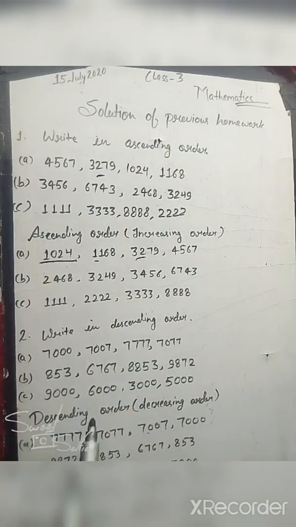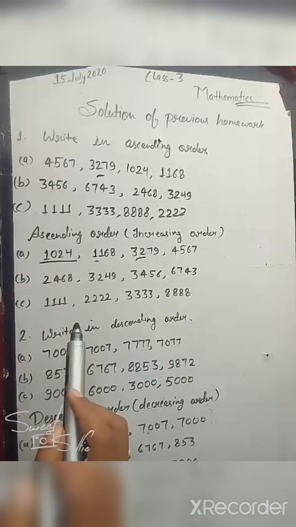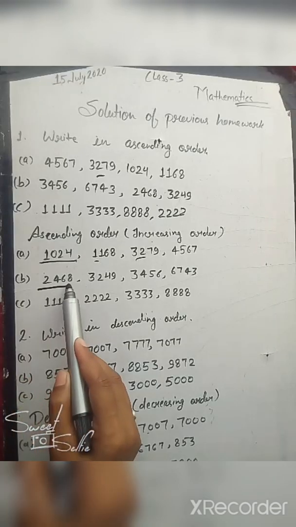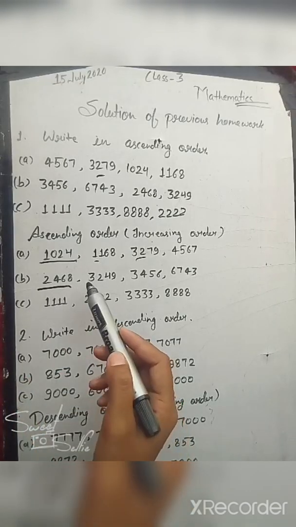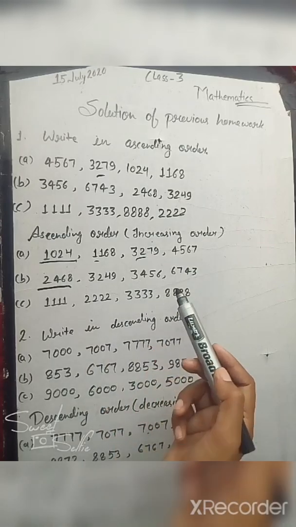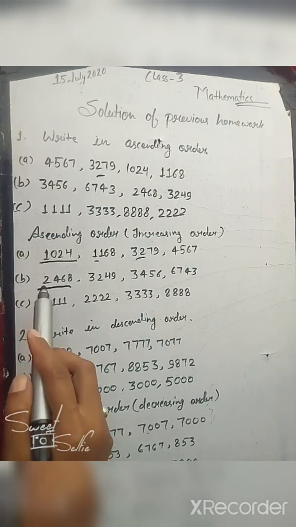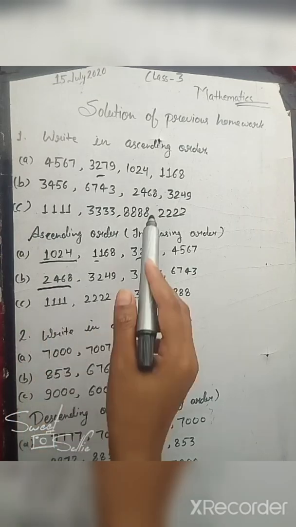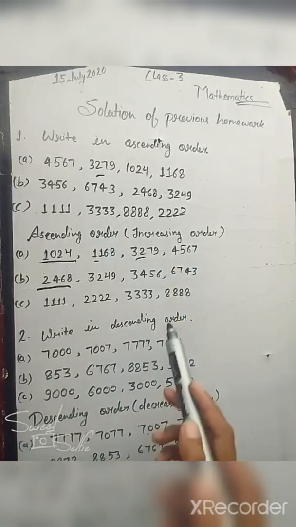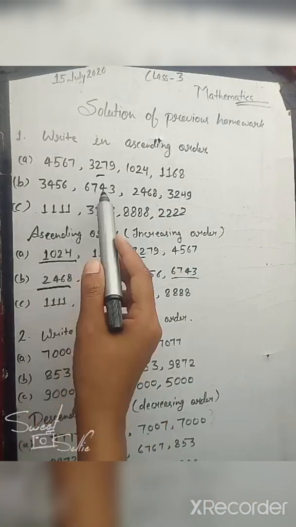Number second means B. When we write it in ascending order, we get 2468, next 3249, 3456, and 6743. 2460 is the smallest number among these numbers, and 6743 is greatest number among these numbers.